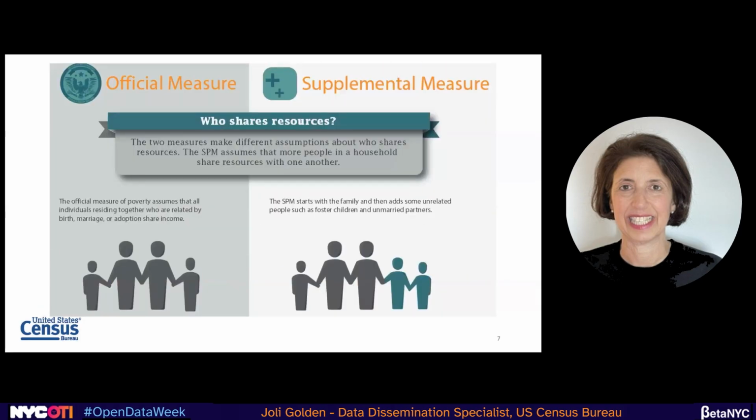In terms of who shares resources, in the official poverty measure, we're assuming that individuals residing together who are related by birth, marriage, or adoption share income. So they're pooling their income, paying for their rent, their mortgage, etc. The supplemental poverty measure starts with the family and then adds some unrelated people like foster children and unmarried partners.